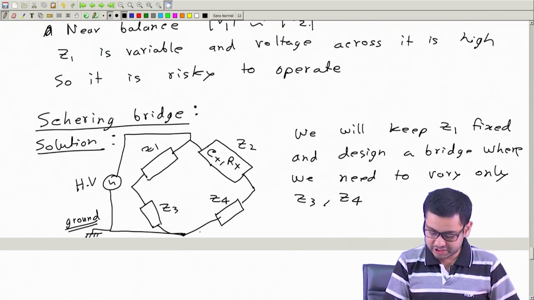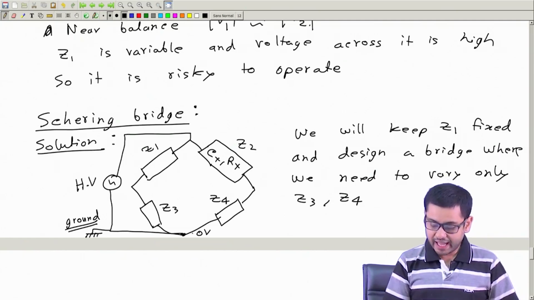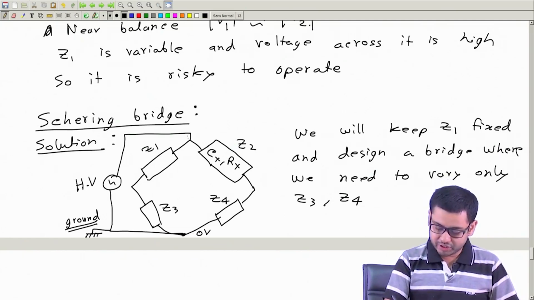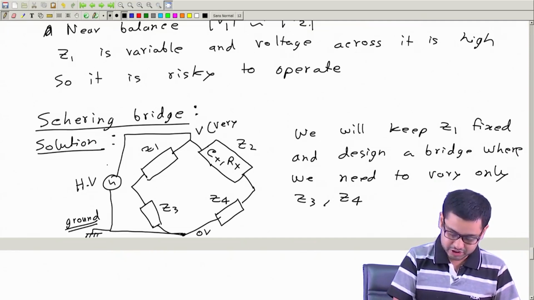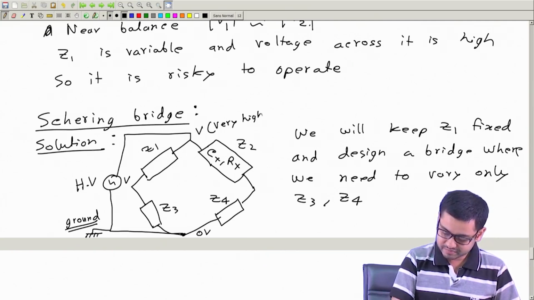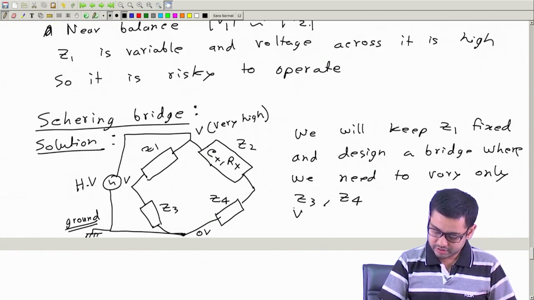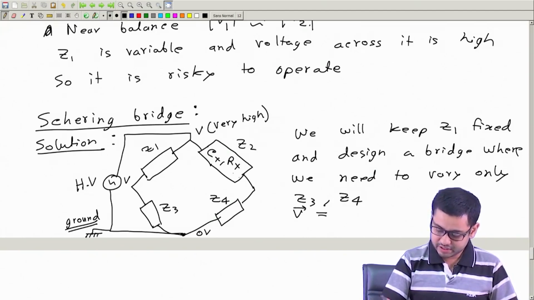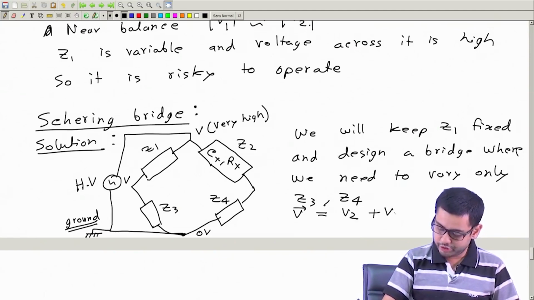So, this value is really 0 volt with respect to the earth, and therefore, this potential V is very high, and V is equal to the phasor sum of V2 plus V4.